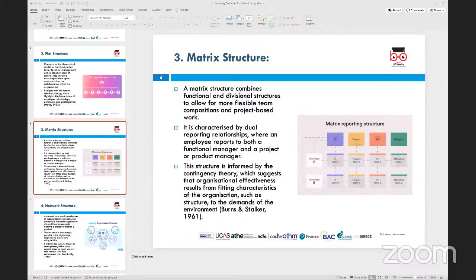This would mean the organizations are quite large, and in some cases, large organizations need this structure, and it will be well suited for the running of the day-to-day operations.